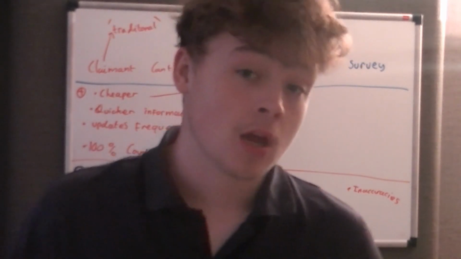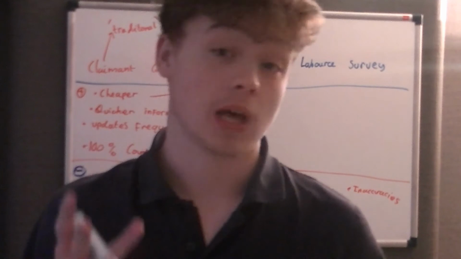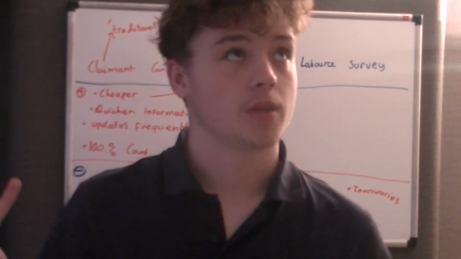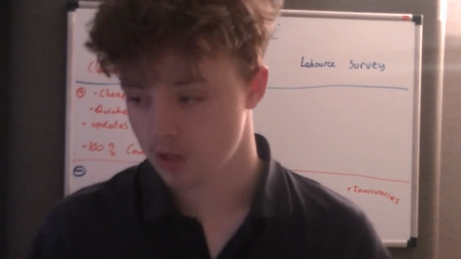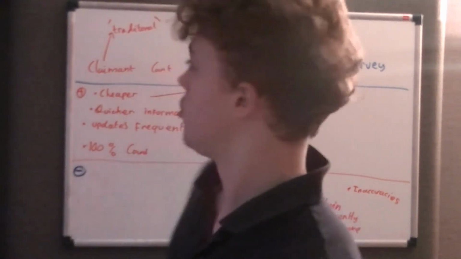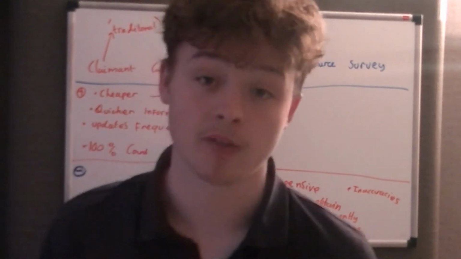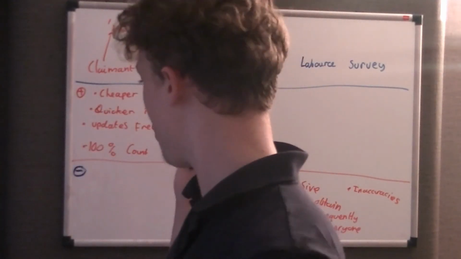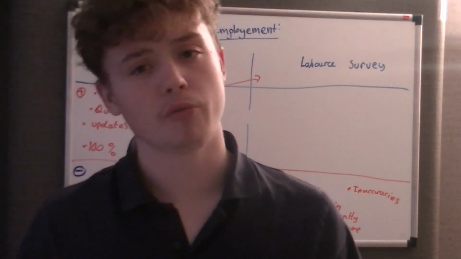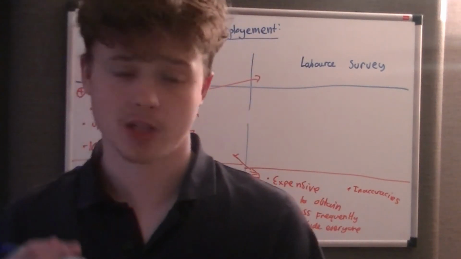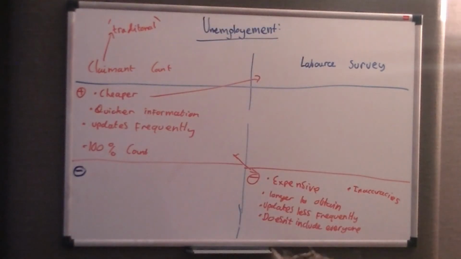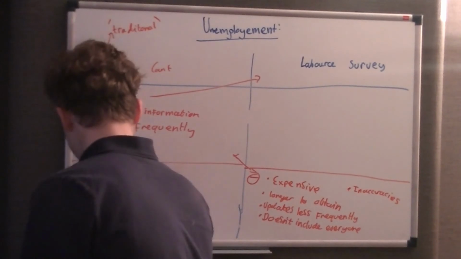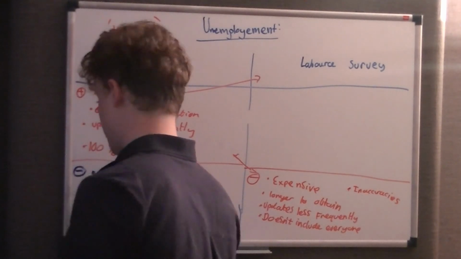It's unlikely that one country will have another country's exact criteria they need to fulfil to obtain benefits from the pot of money the government has. So it's going to be different for each country, and you can't compare it to another country. For that reason, it's not internationally recognised.